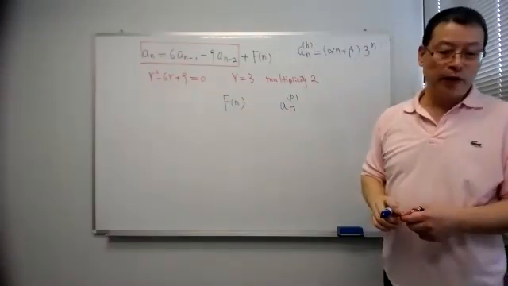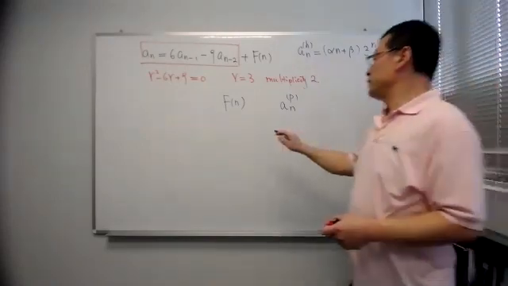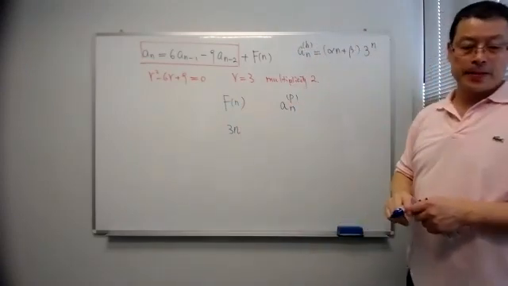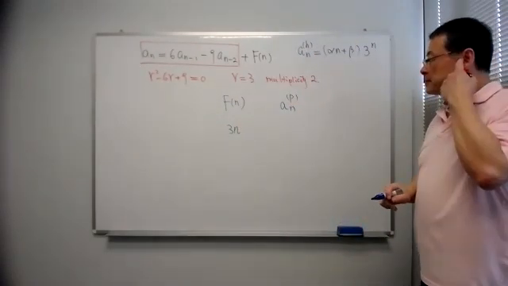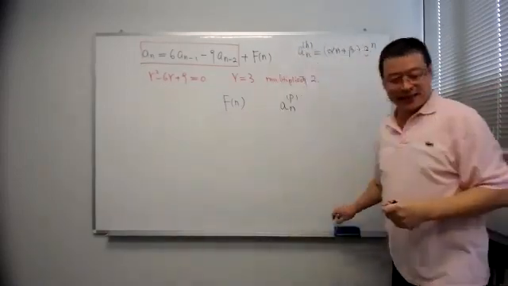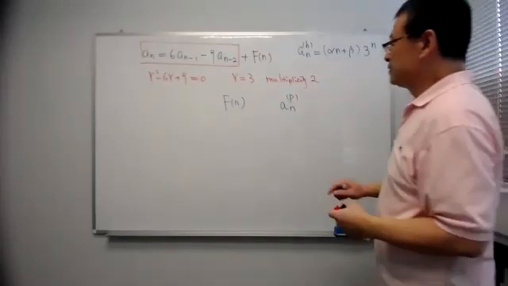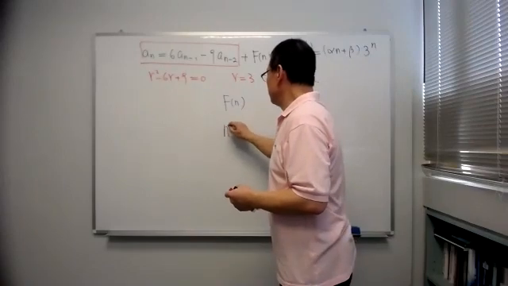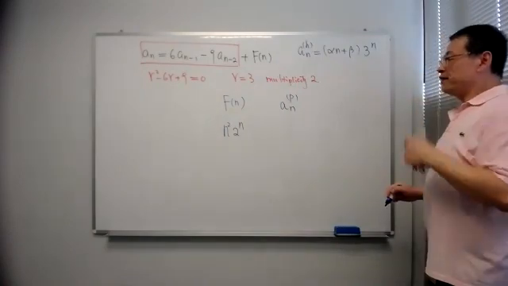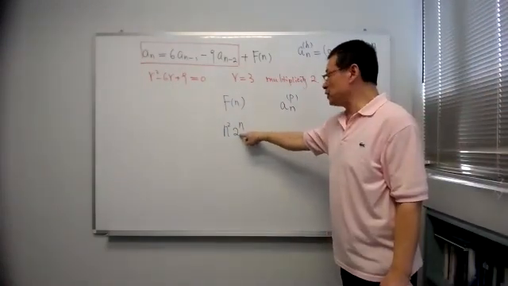So let's consider a few possibilities for how the solution looks. Maybe start with this one. So f of n is of this form. Now this is S, so S equals 2.